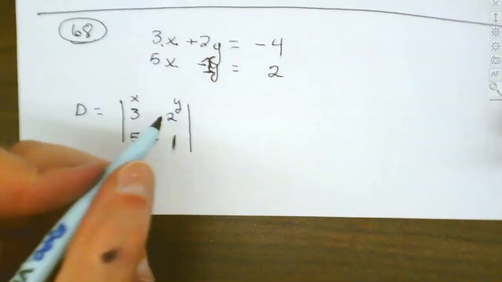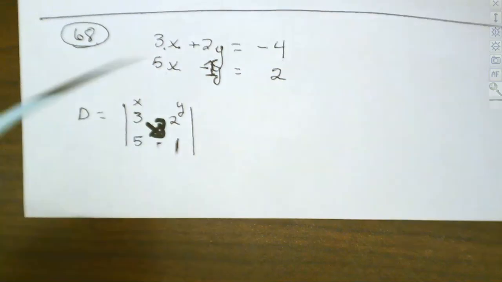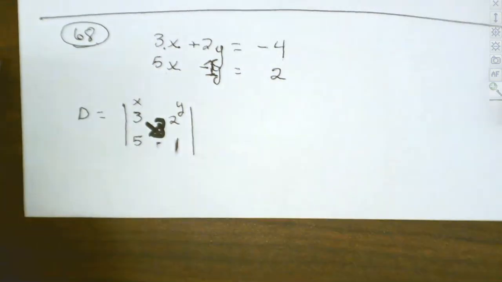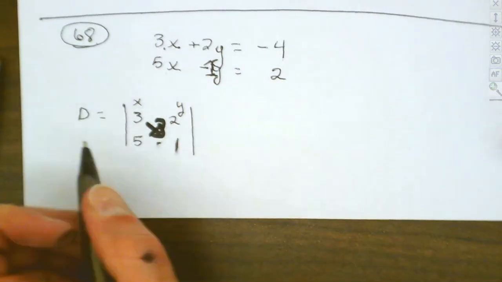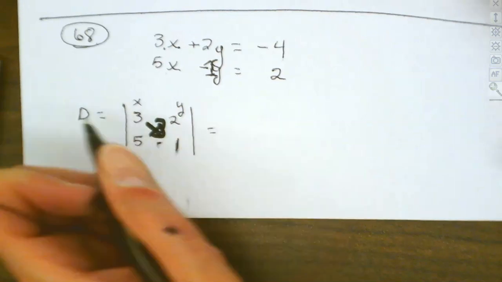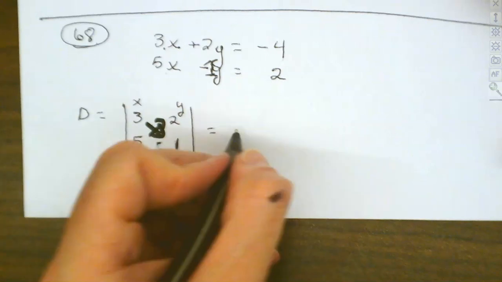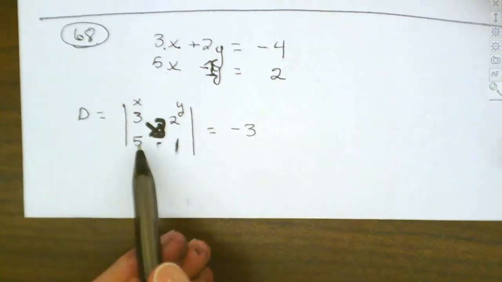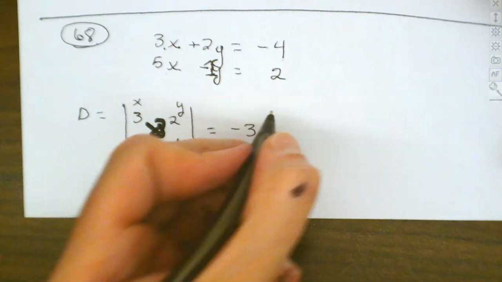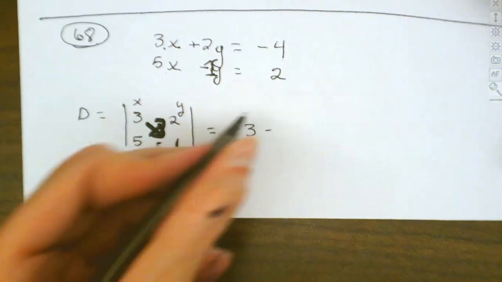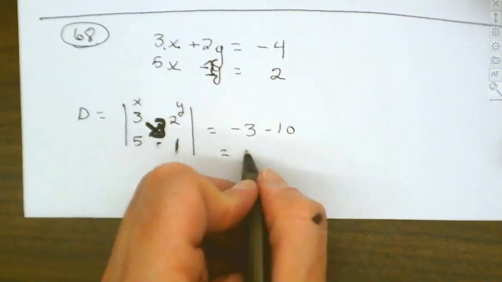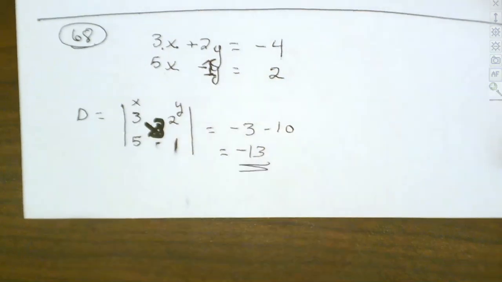Cross multiply and subtract. So 5 times a negative 1, 3 times a negative 1 here. 3 times a negative 1, well, that's a negative 3. 5 times 2, bring down your negative. 5 times 2 is 10. Putting those together, that's minus 13.